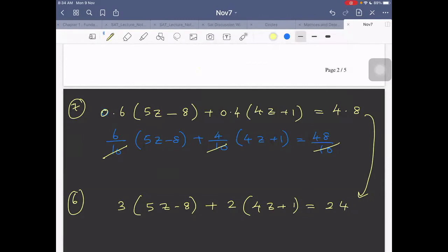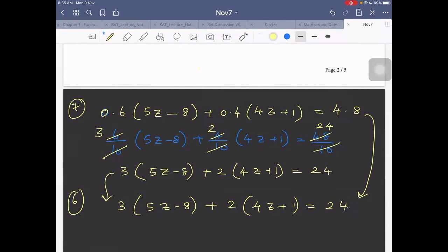When you cancel out a 2 from the entire expression, this becomes 3, this becomes 2, this becomes 24. So that becomes 3 times 5z minus 8 plus 2 times 4z plus 1 is equal to 24. Now you are left with the same question as in question 6.